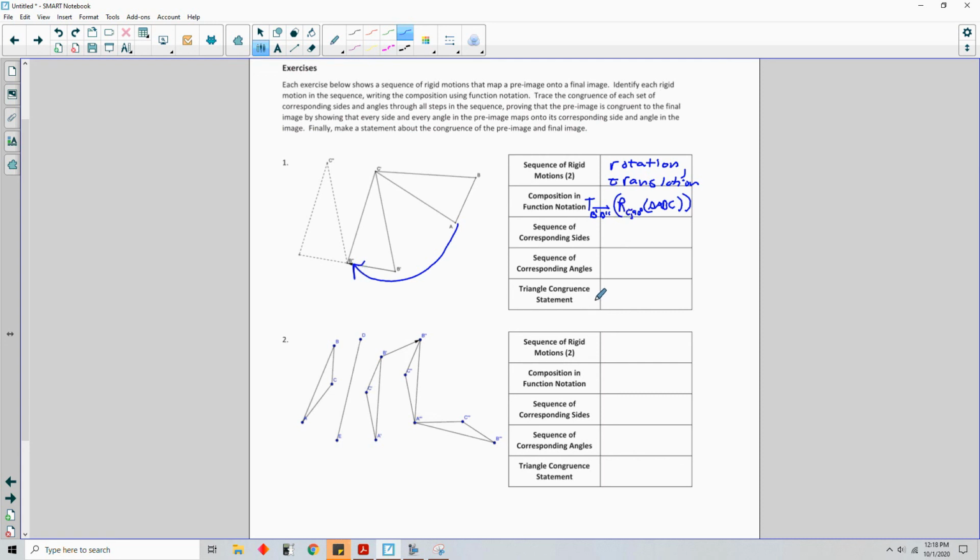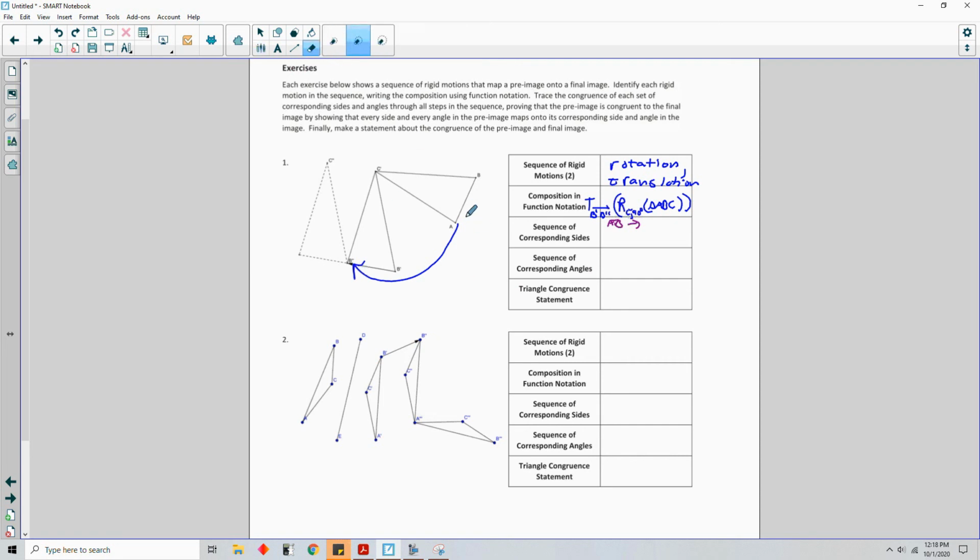Then it says sequence of corresponding sides. Okay, so let's start with AB. AB corresponds to, AB is here, B prime, B double prime, B. Okay, they didn't really label this very well.